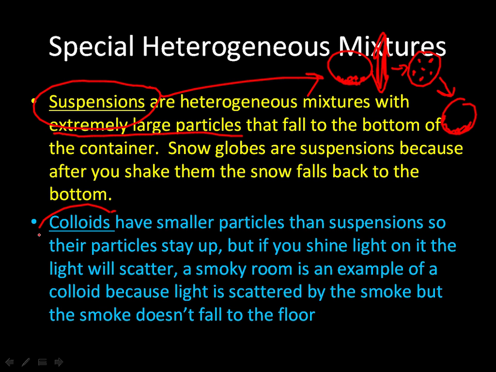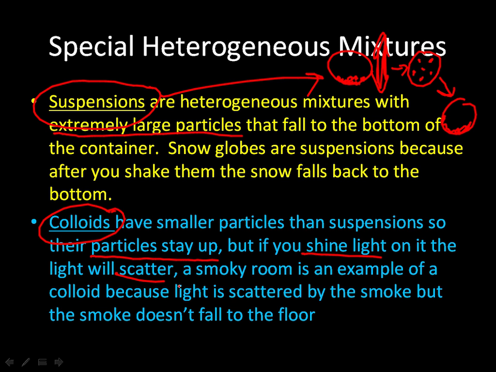There's also colloids, another type of heterogeneous mixture. Colloids have large particles, but they're not so large that they fall to the bottom. They're able to stay up. You can tell it's a colloid if it looks murky and you can shine a light on it, and when you shine light, it causes the light to scatter.